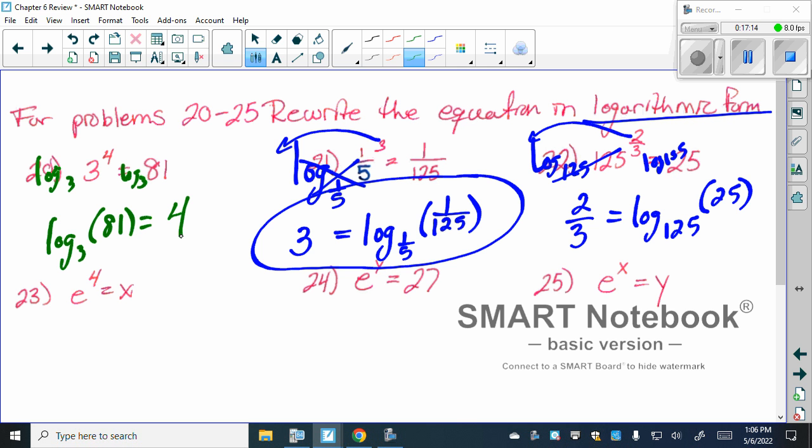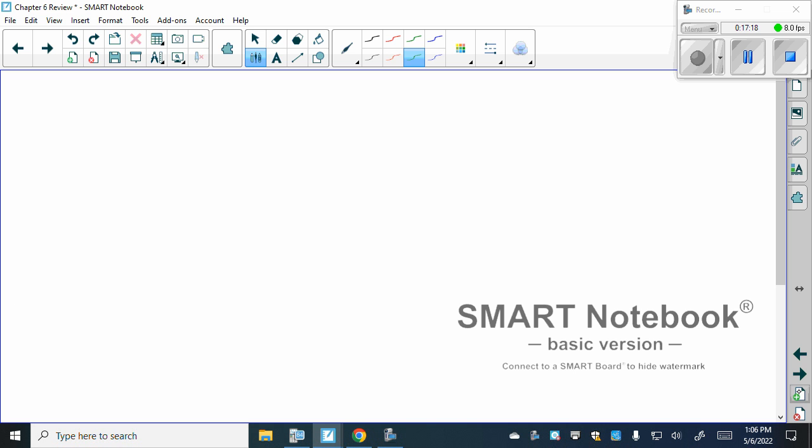I'm going to rewrite it so it's a little bit easier to see. 3 to the 4 equals 81. So we want it out of exponential form. We don't want the exponent there. A lot of them are going to be rewriting these, the exponential growth, plugging it into the calculator.